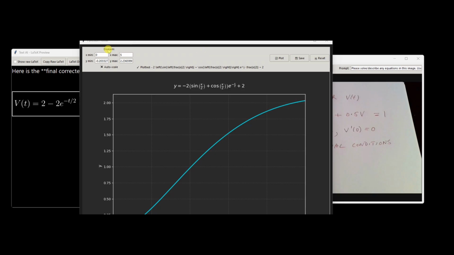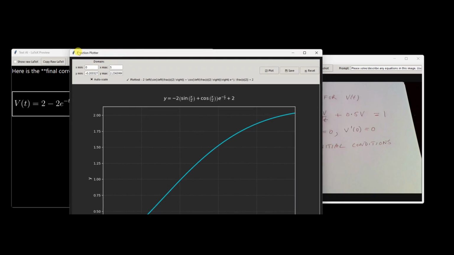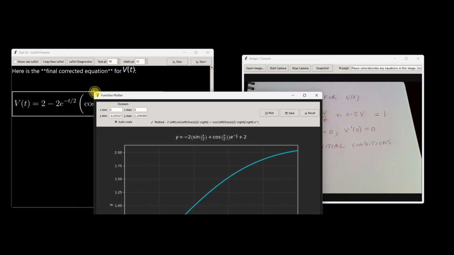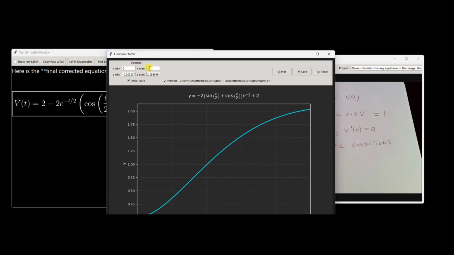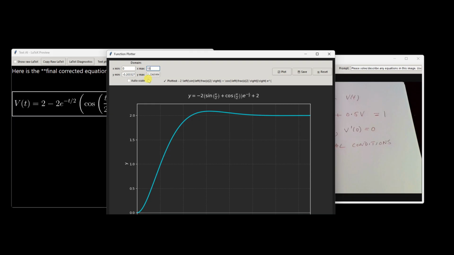So I'm just going to reduce this in size a little bit so you can see it. And I'll scale it to 15 seconds that way. And well, it's kind of right anyway. Just put y minimum to 0.